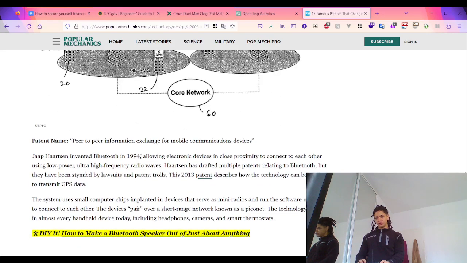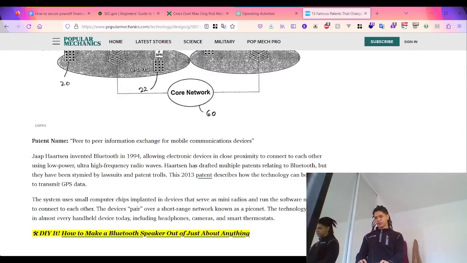Jaap Haartsen invented Bluetooth in 1994, allowing electronic devices in close proximity to connect to each other using low-power, ultra-high frequency radio waves. Hastings drafted multiple patents related to Bluetooth, but they have been stymied by lawsuits and patent trolls. This 2013 patent describes how the technology can be used to transmit GPS data.